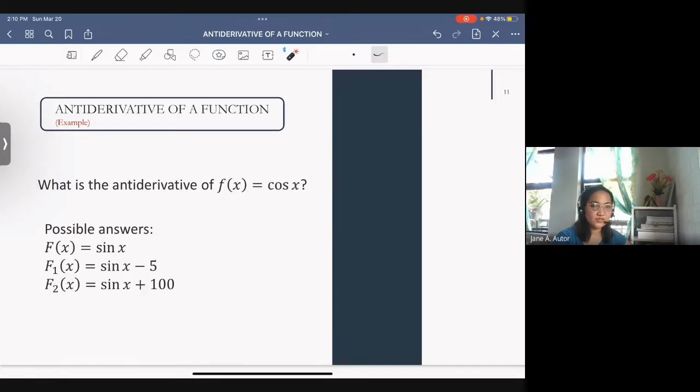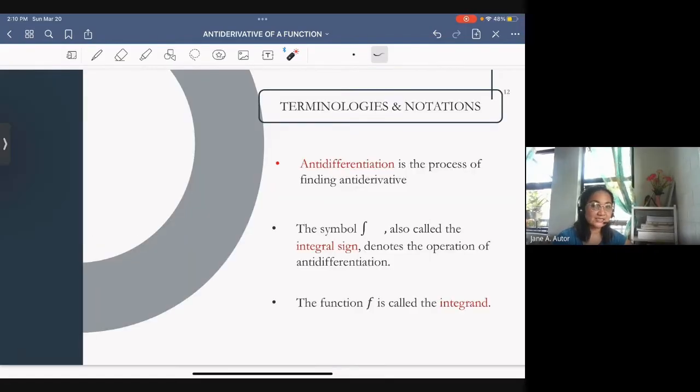So now let us proceed to different terminologies and notations that we will be dealing with in this lesson. First is antidifferentiation. This is the process of finding the antiderivative of a function. Second, this symbol, more like an S, we call the integral sign, which denotes the operation of antidifferentiation.